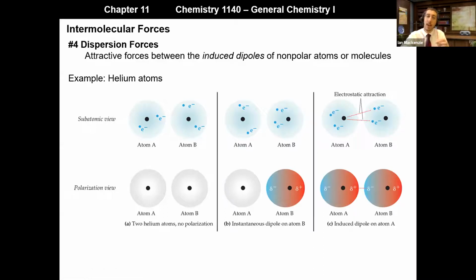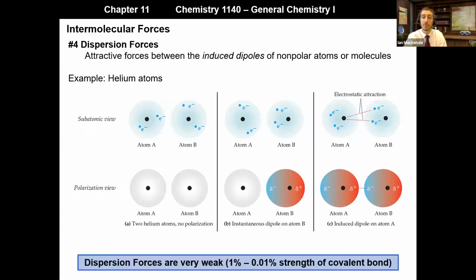And now we have an electrostatic attraction between the negative and positive ends of the 2 molecules that have this induced dipole. Now, a brief instant later, that dipole disappears as the electrons move back to kind of normal regions. But for very brief instants in time, we have this induced dipole, and thus we have a small amount of attraction between even nonpolar atoms and molecules.